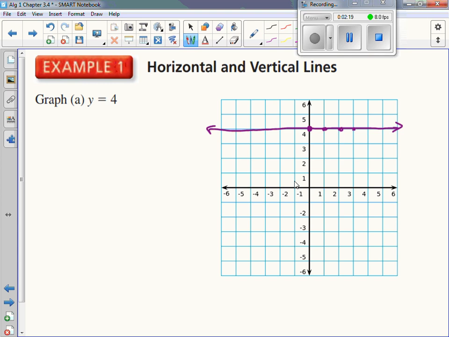And that's it. We could graph the equation of the line y equals 4. It's going to be a straight line going across at 4 because all of those points have a y value of 4. Questions on this here?